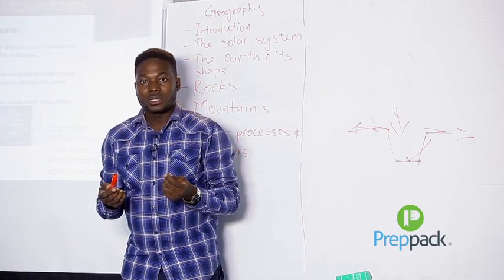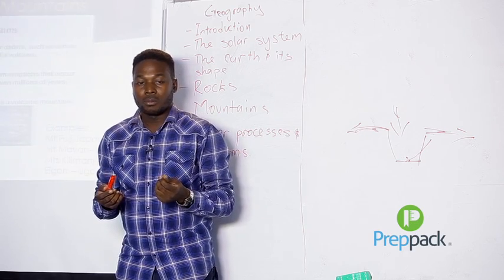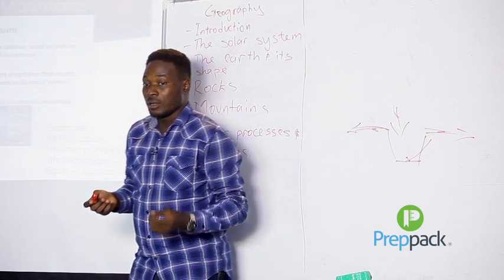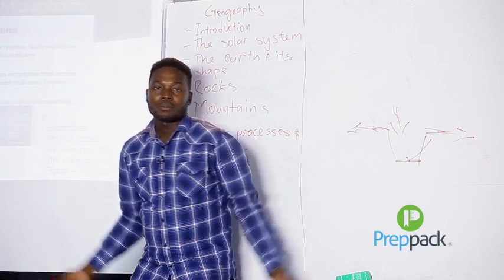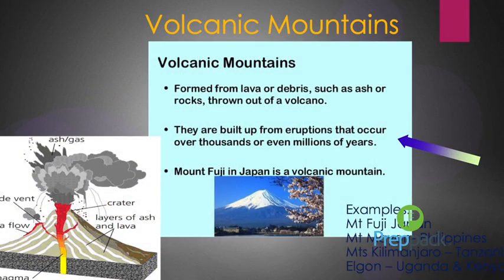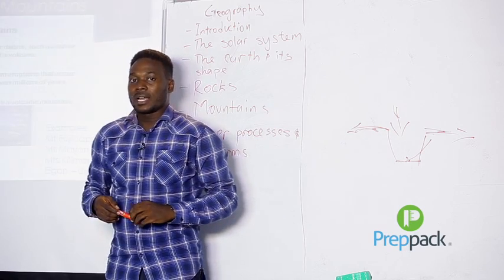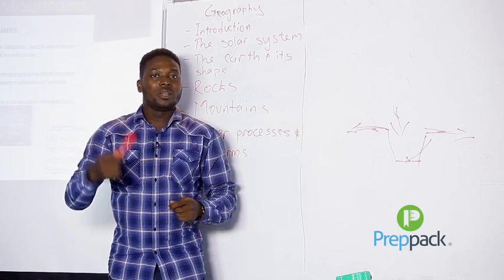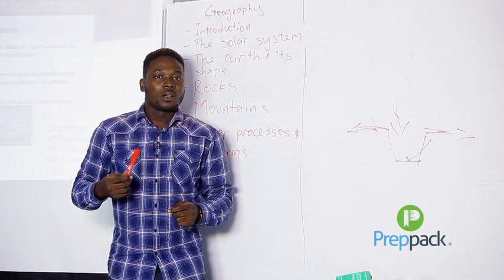Ash is like burnt rocks or burnt materials, and we have a lot of materials that erupt out from the volcano. They are built up from eruptions that occur over thousands and thousands of years. So most volcanic mountains are as a result of a continuous accumulation of volcanic eruptions.